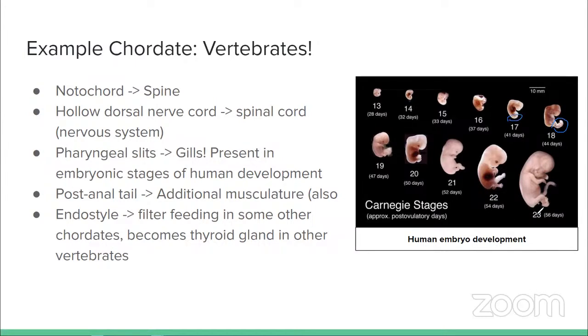We do have a little bit of a coccyx, a tailbone, but no real post-anal tail in adult life. Finally, the endostyle, not super obvious in us vertebrates, but in other chordates, that's filter feeding. In us, it became the thyroid gland. That's what happens in a lot of vertebrates, tetrapods in general, or four-footed organisms.